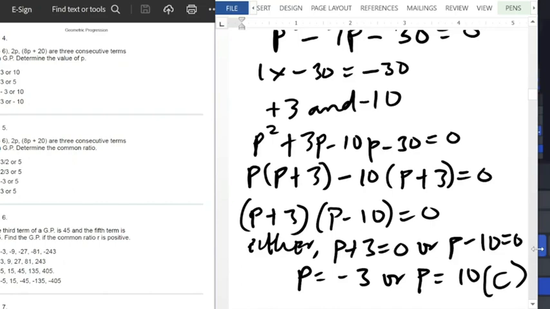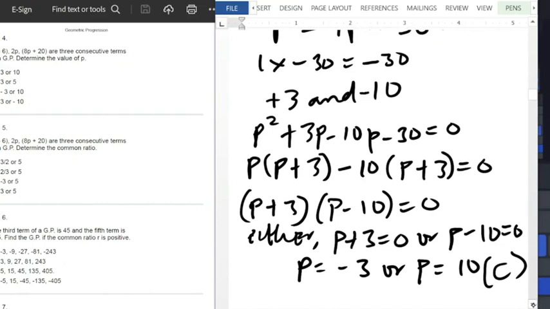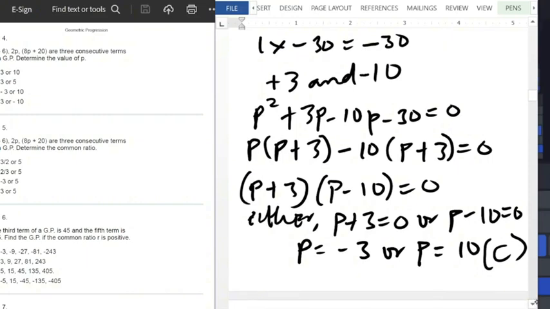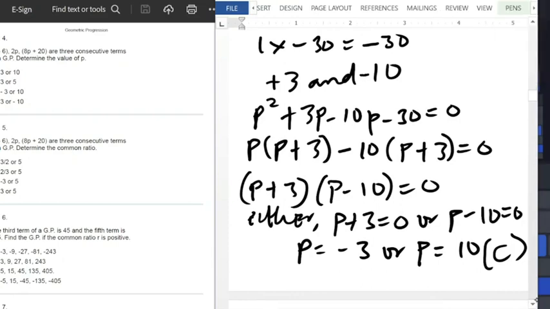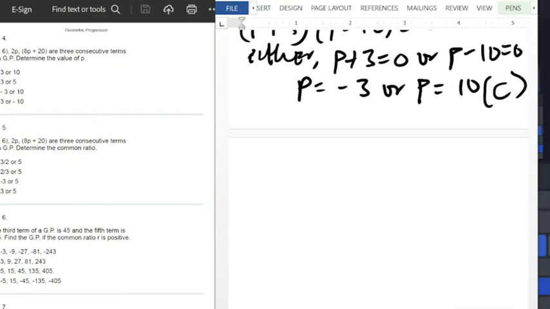So number 5, to determine the common ratio. To determine the common ratio, we are going to use the information from number 4. So let's know the sequence.